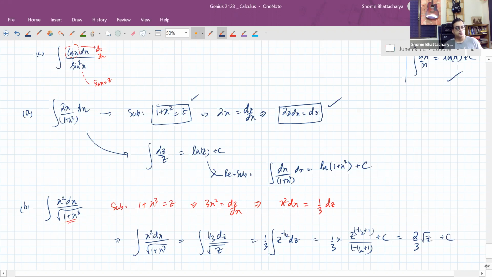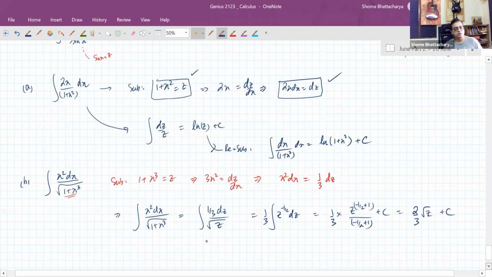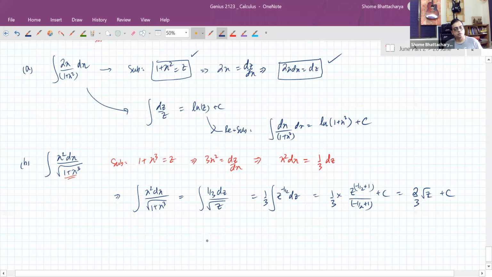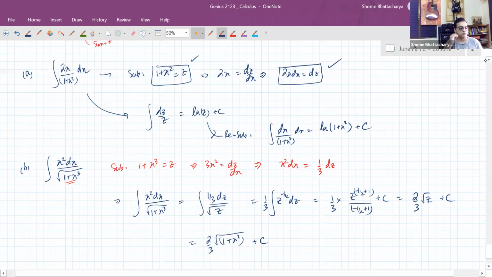Okay. So finally, this becomes the integral. So this is just mathematical manipulation. You will get used to this.